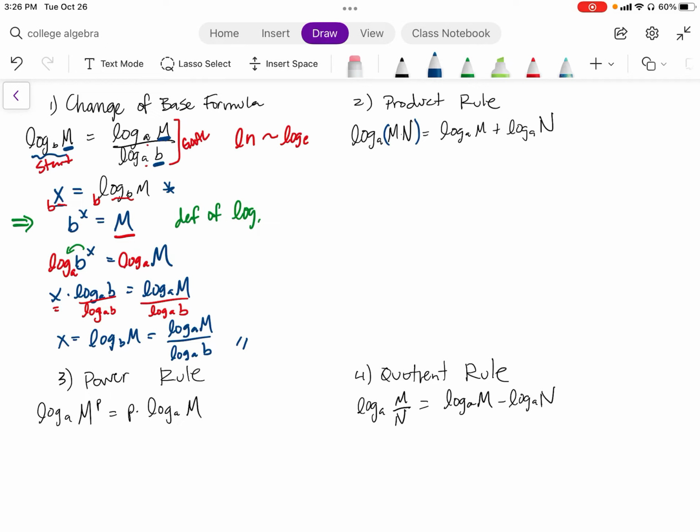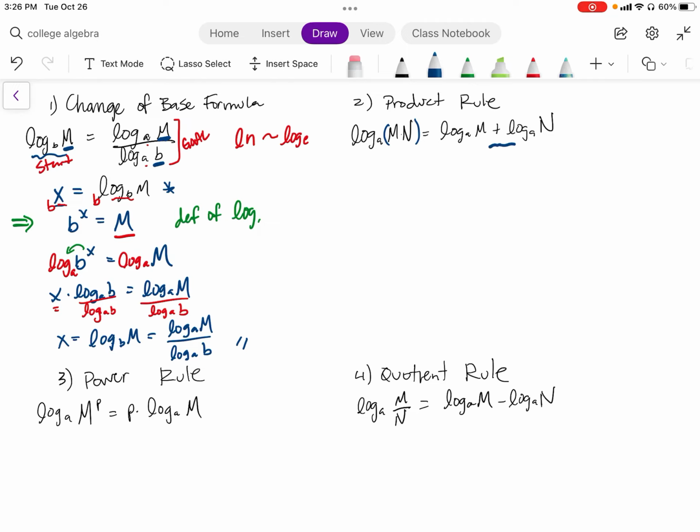It says that this is equivalent to taking the log of m and adding the log of n. So memorizing this formula is important, but in this video again, we're going to look at why this is true. And I think from there, once you have the formula memorized, the quotient rule kind of makes sense.